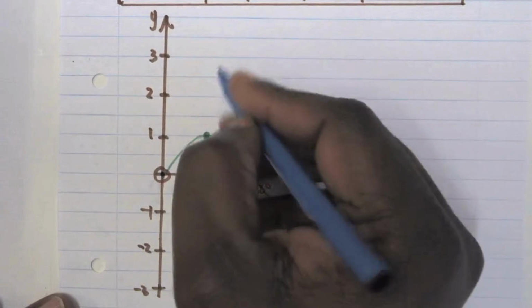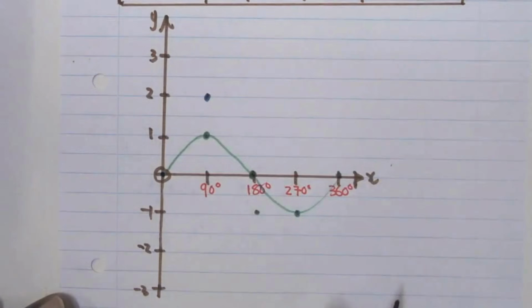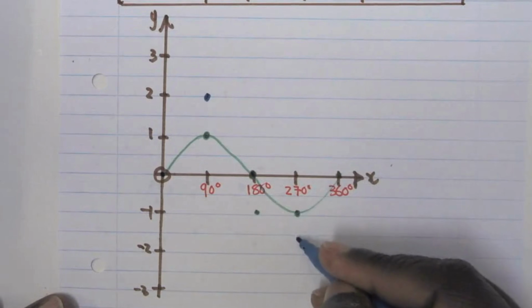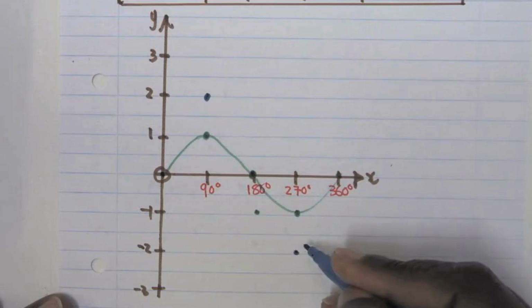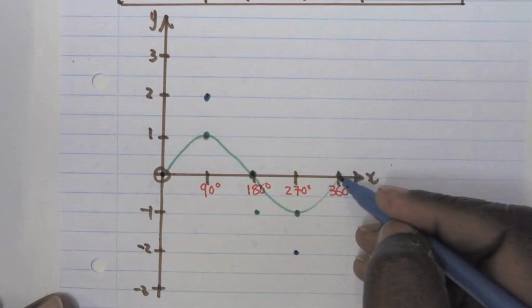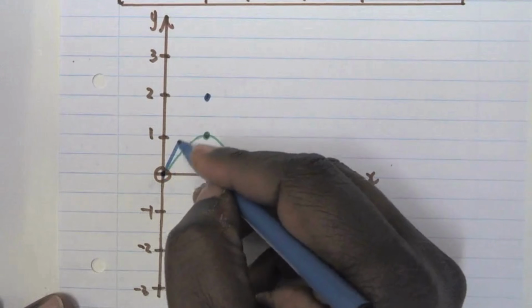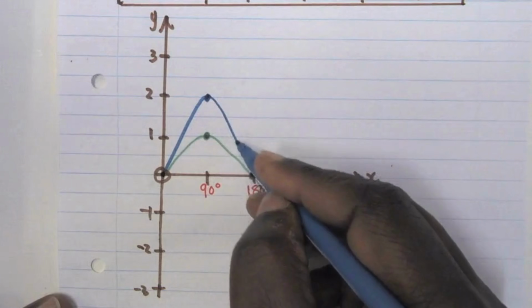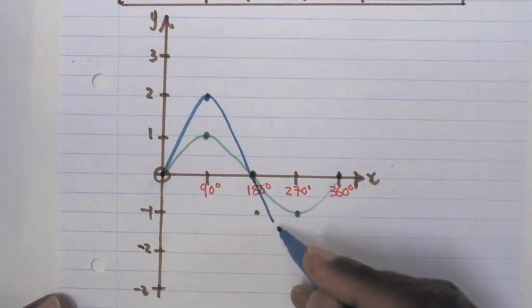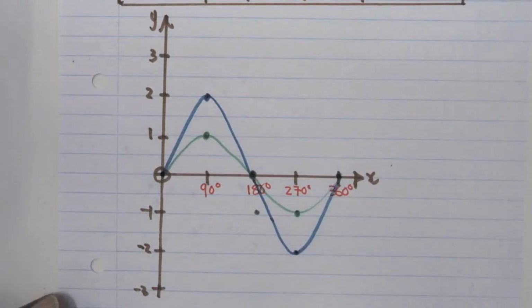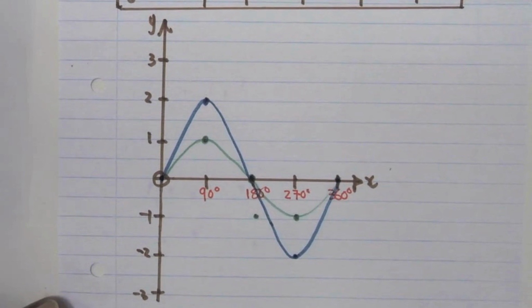I'm going to put 0 here, then at 90 I have 2, at 180 I have 0, at 270 I have -2, and then at 360 I have 0. I must join these points using freehand. And this is my graph of y is equal to 2 sine x.